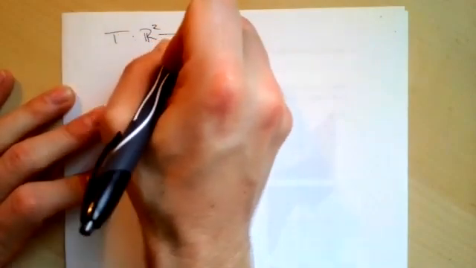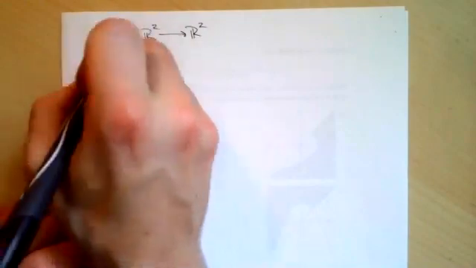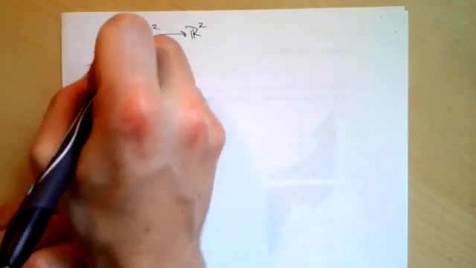So the problems can get a little bit harder. So let's suppose we have a two-dimensional transformation. But the information we're given about this transformation is that T of (1, 1) is equal to (1, 2).